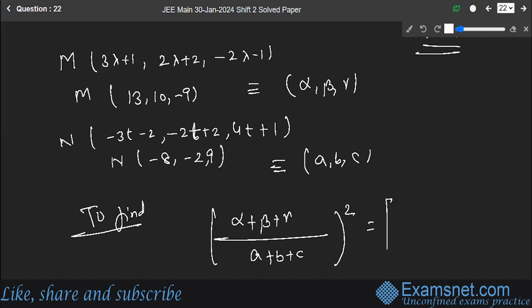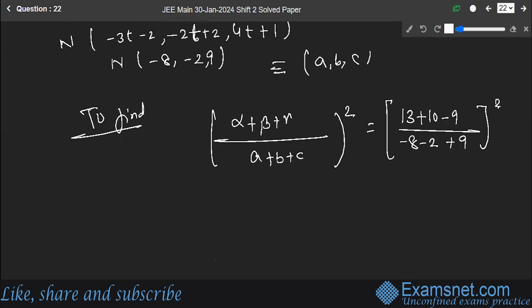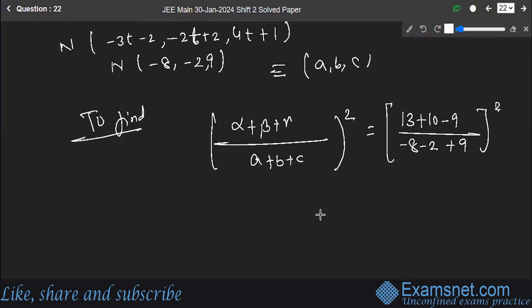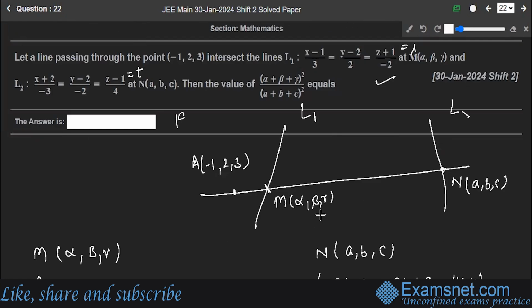So this is equal to 13, 10, minus 9 divided by minus 8, minus 2, plus 9, whole square. This will give me 14 square divided by 1, that's 196. So you have 196 as the answer to the question. Hope you're clear with this. Let's move to the next question.